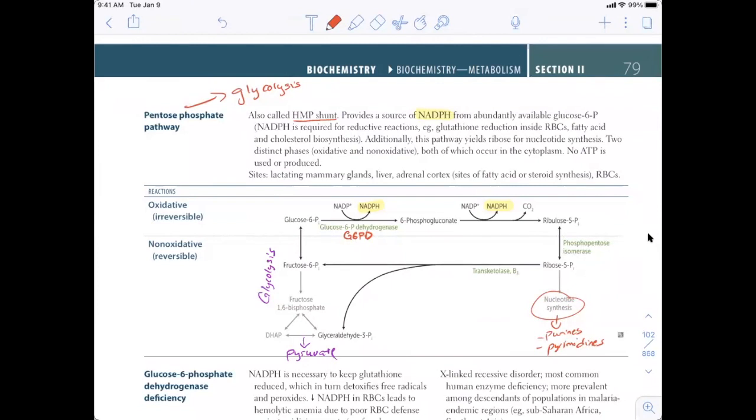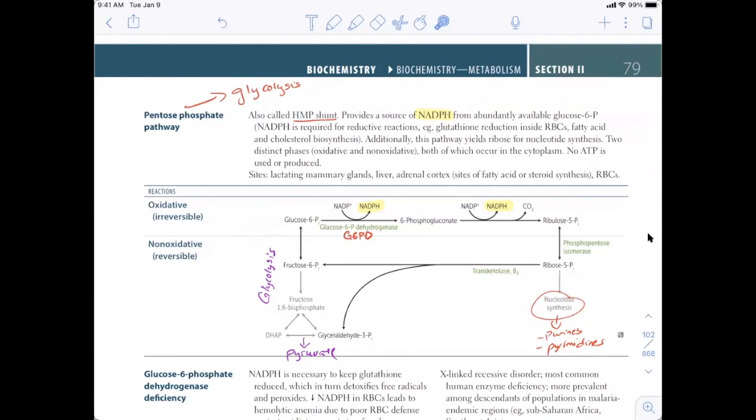But the bottom line is we still return to glycolysis. We left as glucose 6-phosphate and came back to fructose 6-phosphate, but along the way, while we were out, we've made ribose that could help with other things, and we've made NADPH that you're going to see is very important in some reductive reactions. So that's the key thing here.